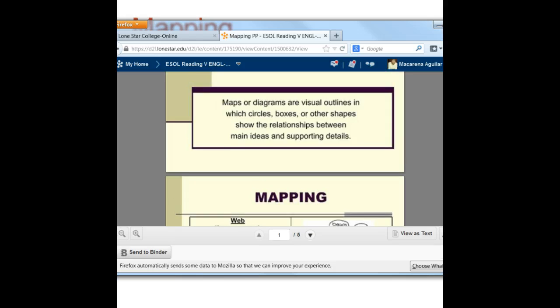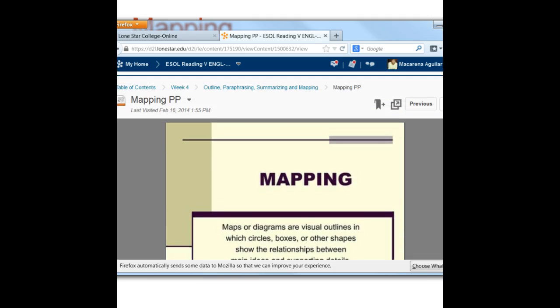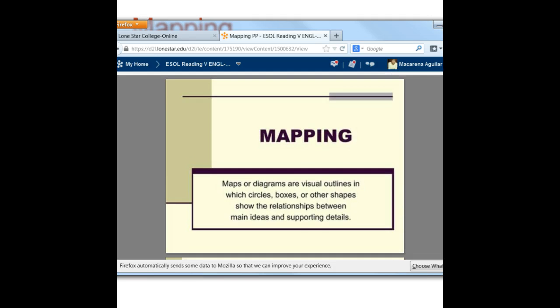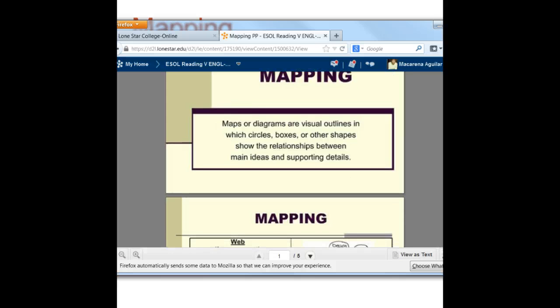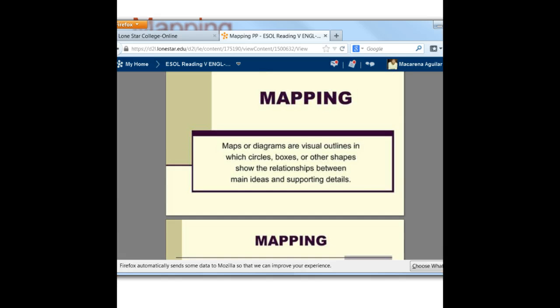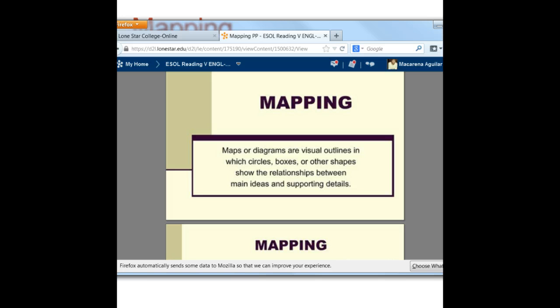I'm not going to open it right now, but if you go ahead and open that one, it's going to give you different ways of mapping. That is really useful, especially if you are a visual learner, because you can see right in front of you what the text looks like, and you take all the extra words and you just keep the main thing.